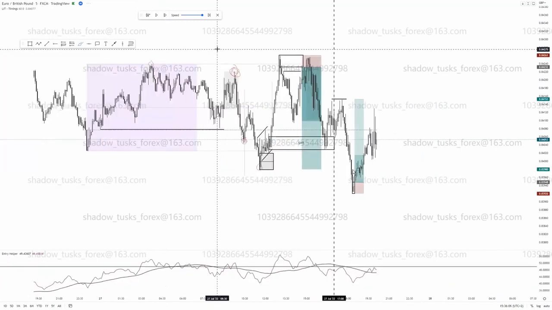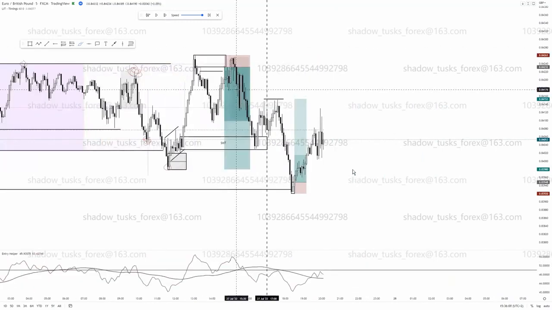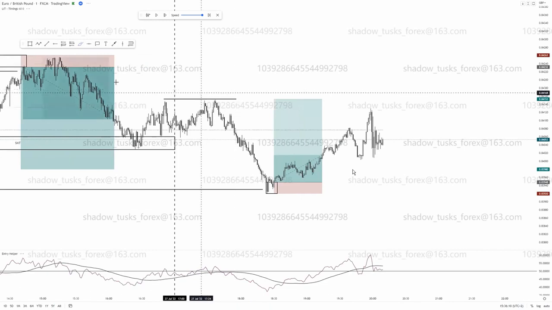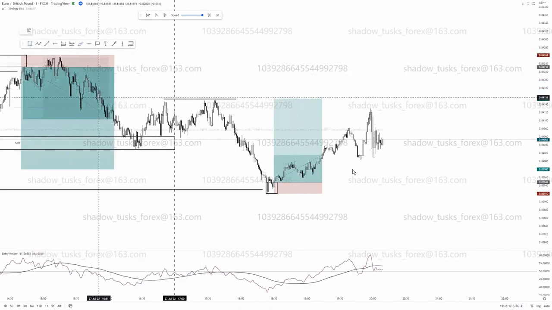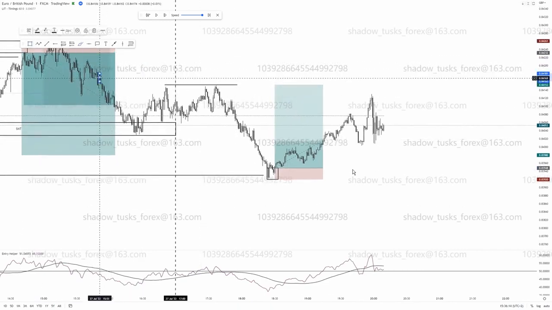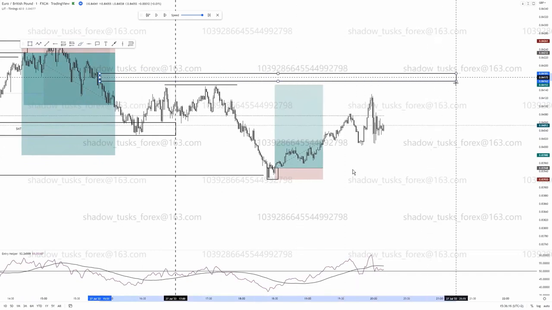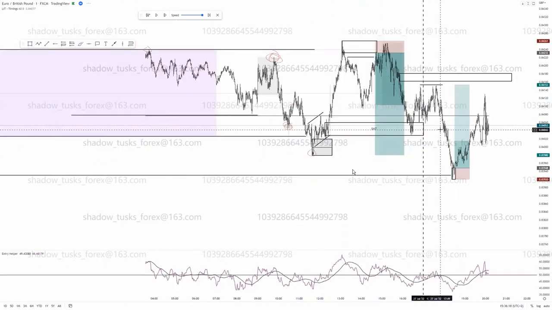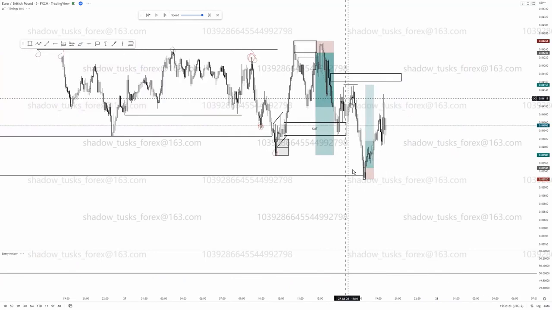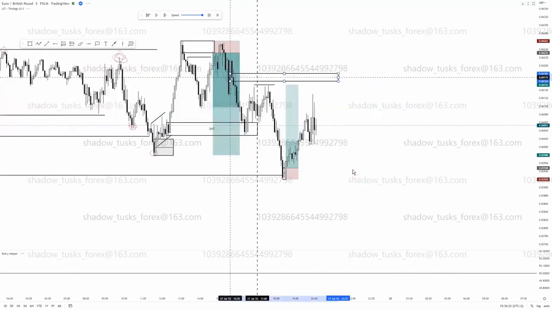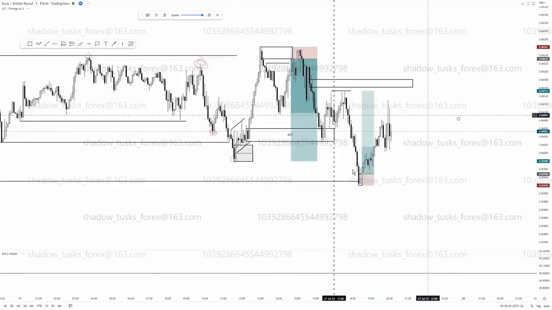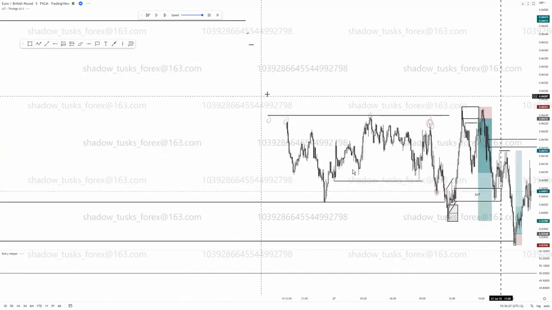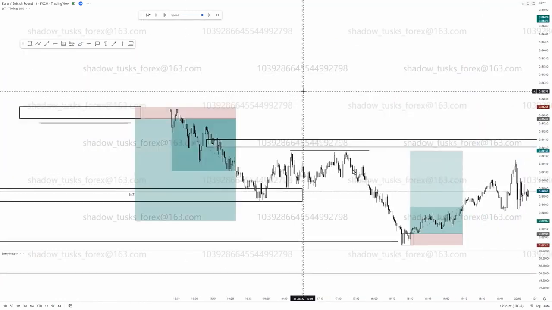Now, I would not just pull a random zone like, oh yeah, this one, of course. I wouldn't just pull a zone like this. What I would do is, if this zone lined up with Asia midline or something like that, then yes. Then, what is my... There.